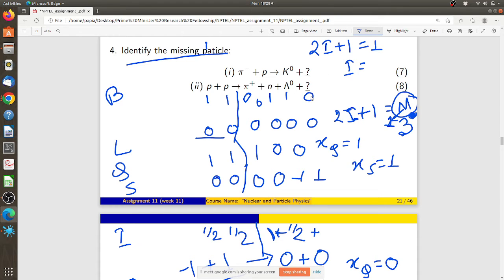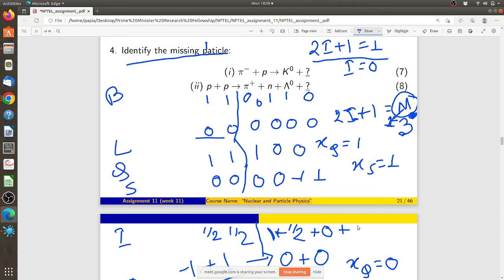Lambda 0 is the only one member in its family. The rule is 2I plus 1 equals M, where M means the number of family members. For lambda 0, the number of family members is 1. So 2I plus 1 equals 1. What will be the value of I? Zero. So for lambda 0, the I value will be 0.